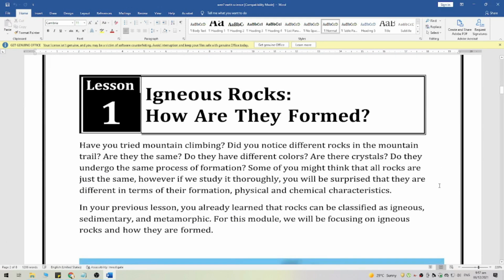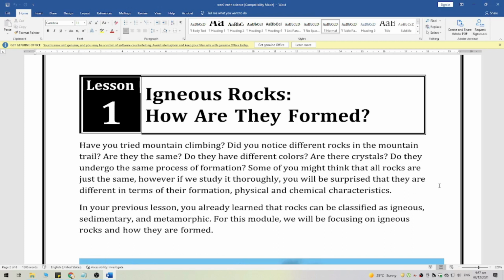Okay, so moving forward then, let us go back to the basic igneous rocks. How are they being formed? There is a statement in here saying, have you ever tried mountain climbing, or did you ever notice different rocks in the mountain trail? Are they the same, or do they have different colors? Are there crystals, and do they undergo the same process of formation?